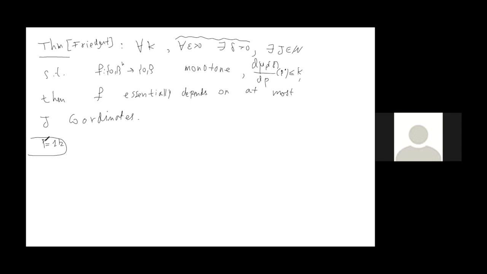The formal version says that, well, there exists a function that depends on at most j coordinates that is close to f under this specific distribution.